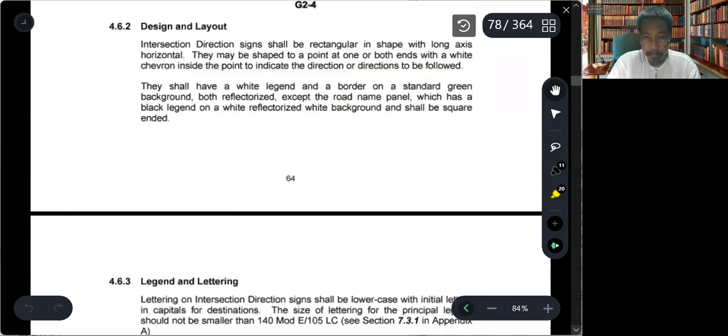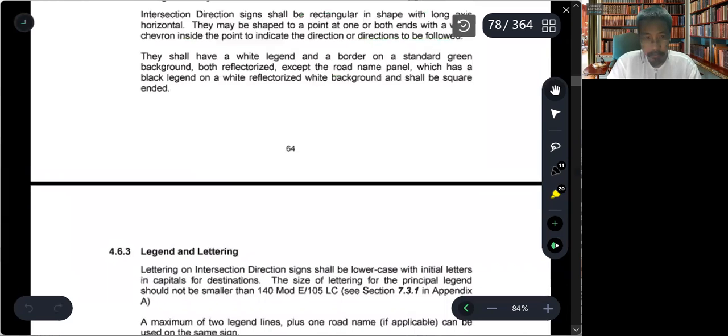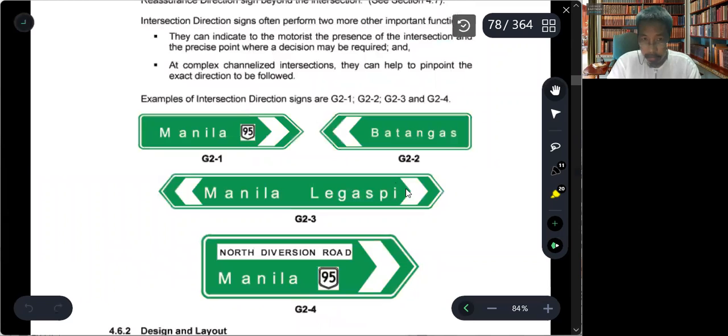Okay, so as you can see, those are the real standard of direction signs. We have arrows and white letterings on a green background, with a white arrow and a white boundary line.